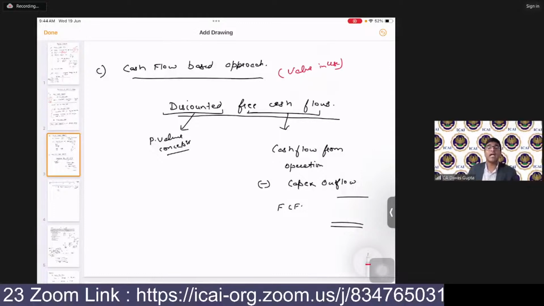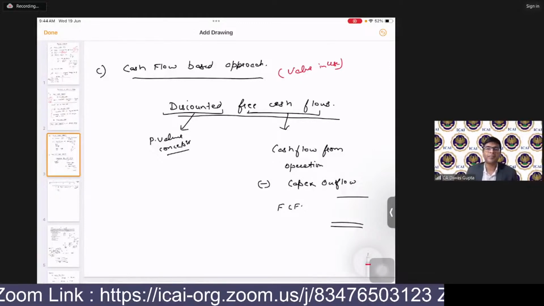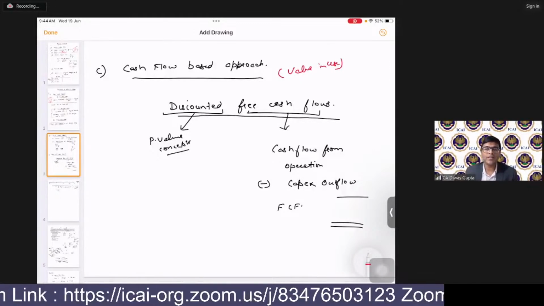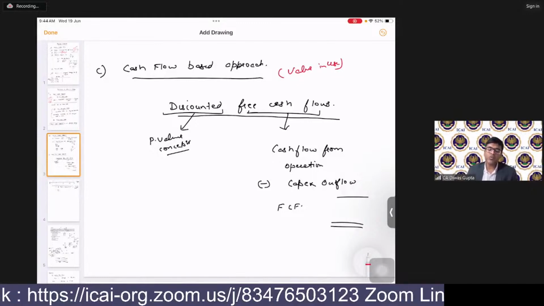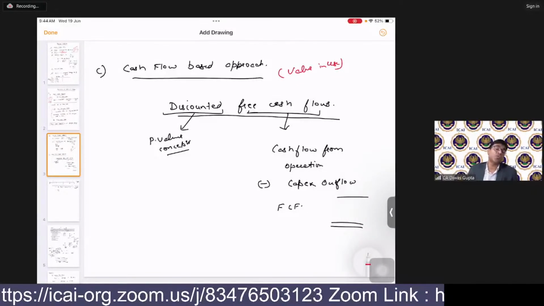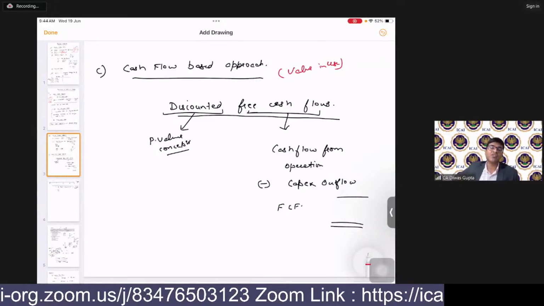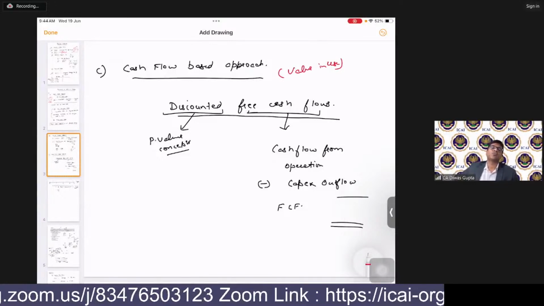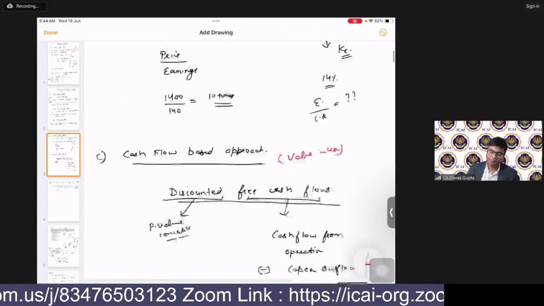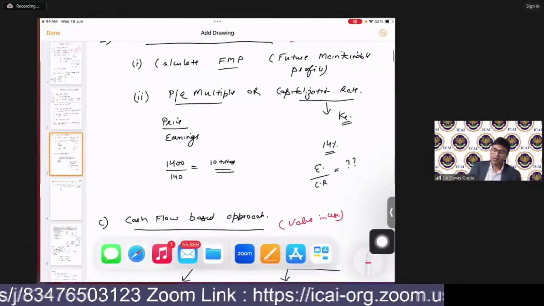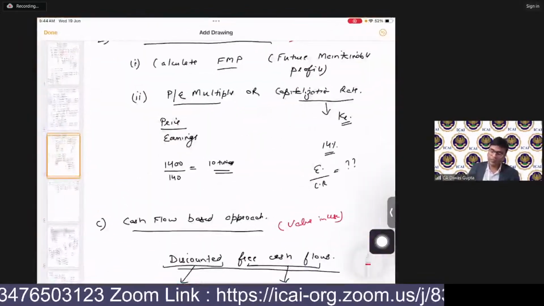Now the next is the cash flow based approach, students. In the cash flow based approach, we make use of the discounted free cash flows. First of all, can anyone attempt why we use free cash flows? Okay, what is the meaning of free cash flow? What is the meaning of free cash flow, students?